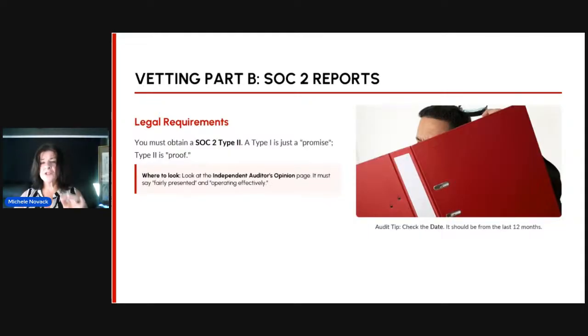So SOC 2, again, page 1 to 3 usually. Section Independent Auditor's Report. Look at the opinion paragraph. It'll say either unqualified, which means they passed, which is perfect. I know it seems odd, but if they're unqualified, that means they passed.